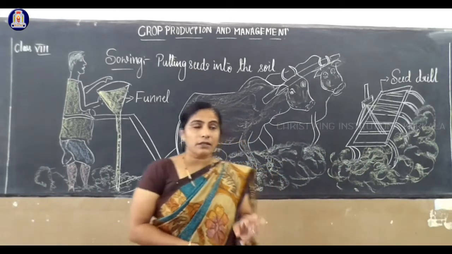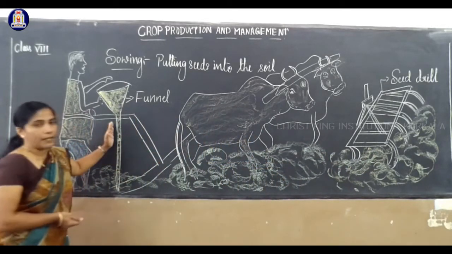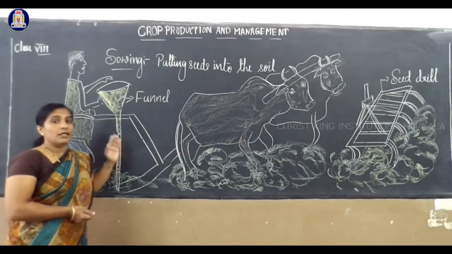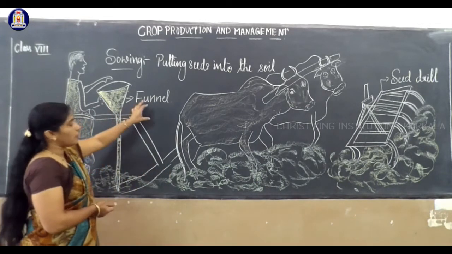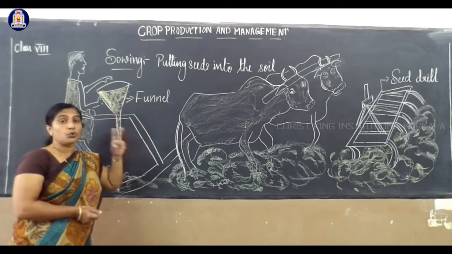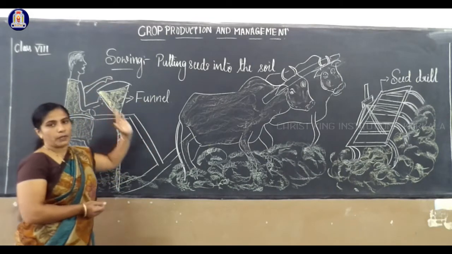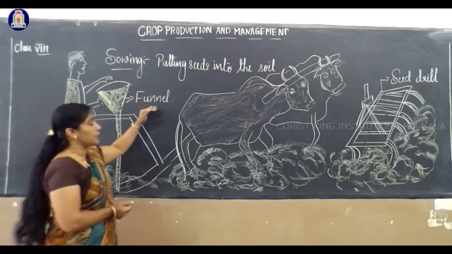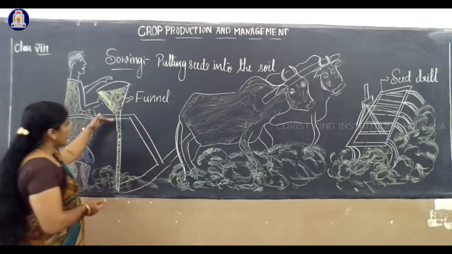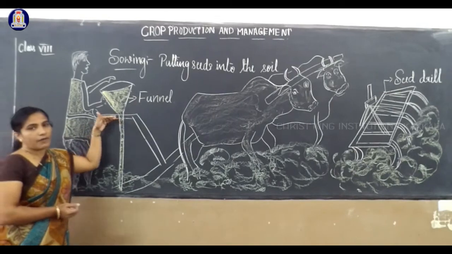So there are two methods in sowing. The first one, as I said, you have learned in your previous classes. This is called the funnel, one of the two tools used in sowing. The first one is a funnel shaped tool. What is the use of a funnel shape?